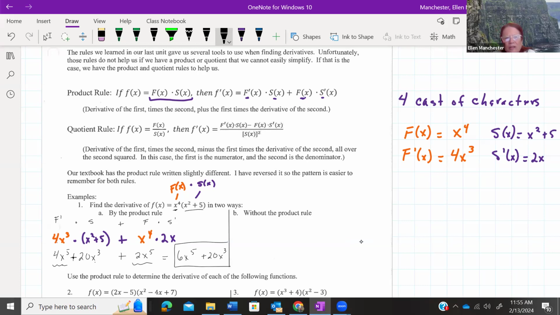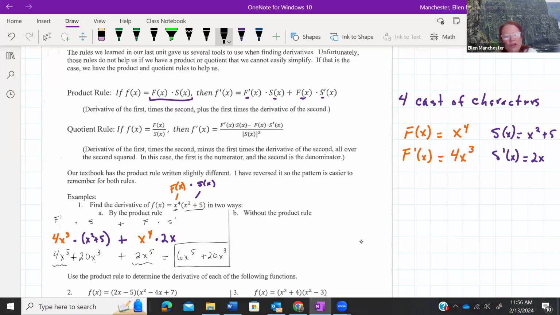Okay, so take a look at it. Any questions on where I got what? Okay, so that's with the product rule, right?